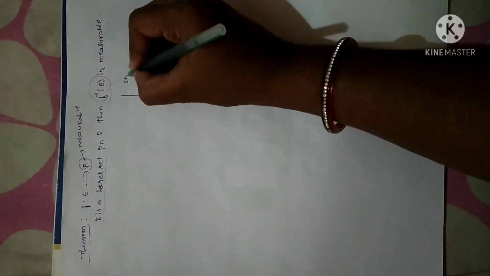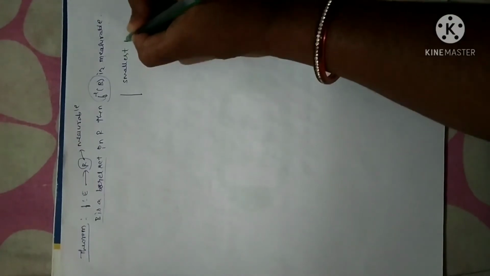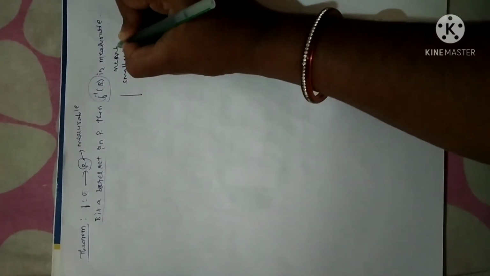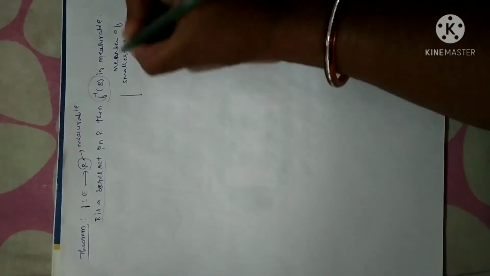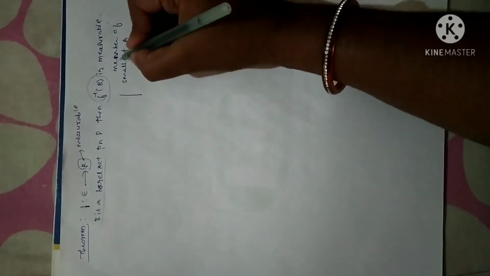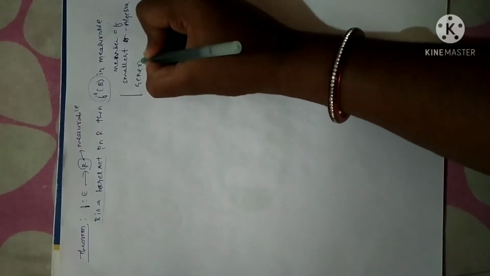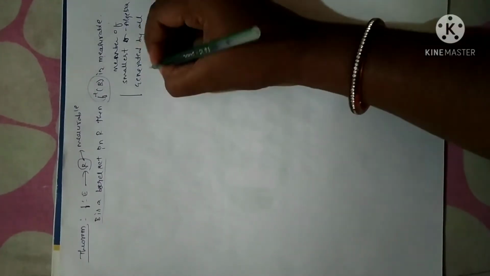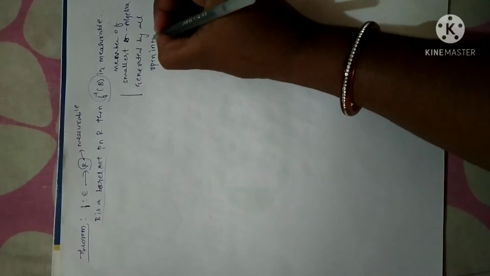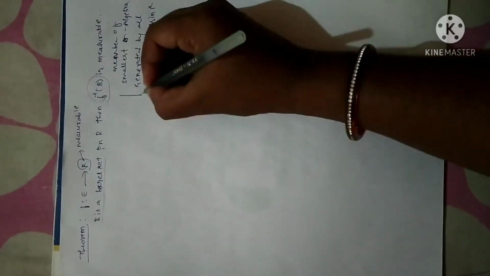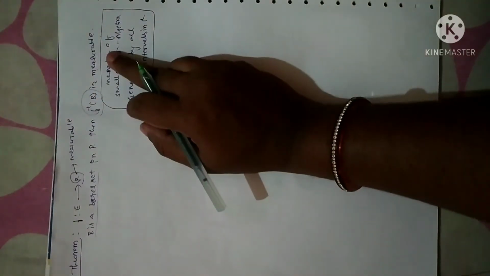What it says: a Borel set is a member of the smallest sigma algebra generated by all the open sets, or else I can write this as a member of the smallest sigma algebra generated by all open intervals in R. This is what the definition of Borel set says. So suppose B is a Borel set, we have to prove f inverse of B is also measurable.